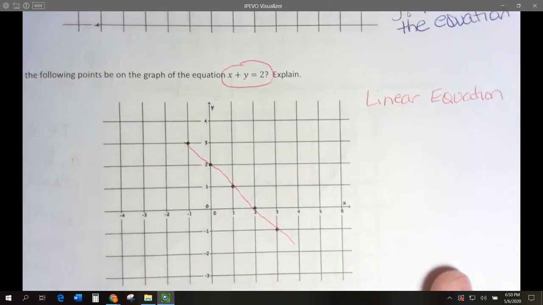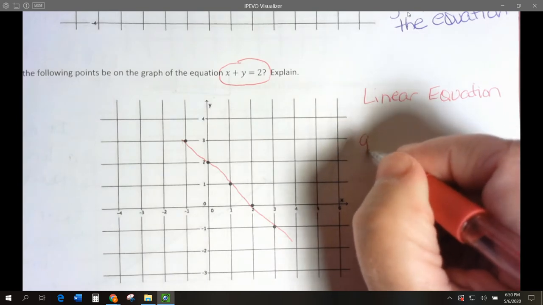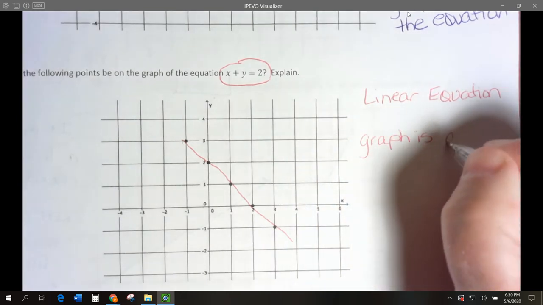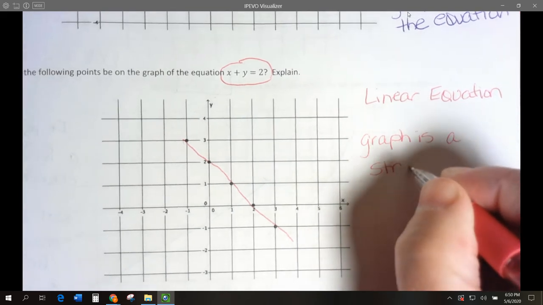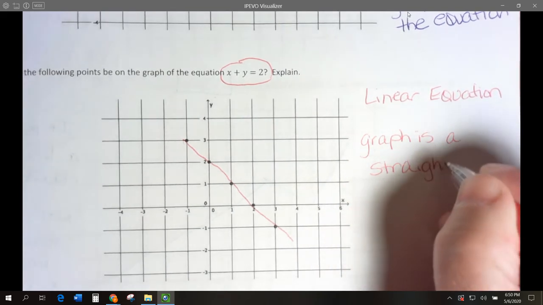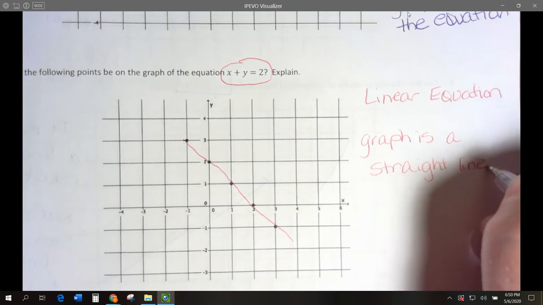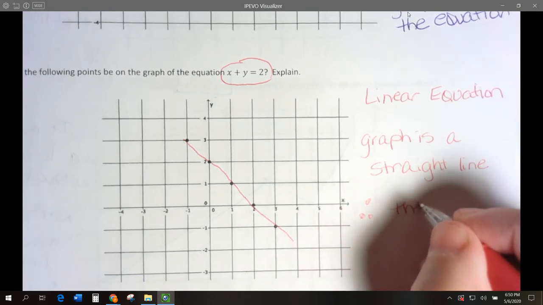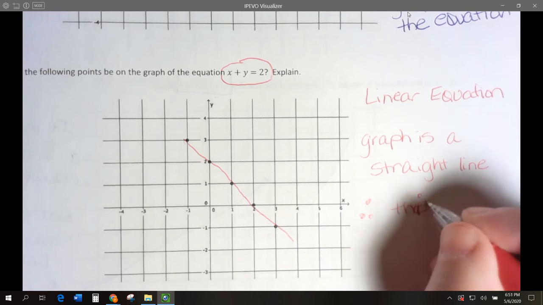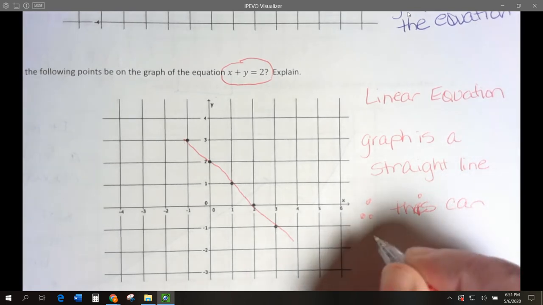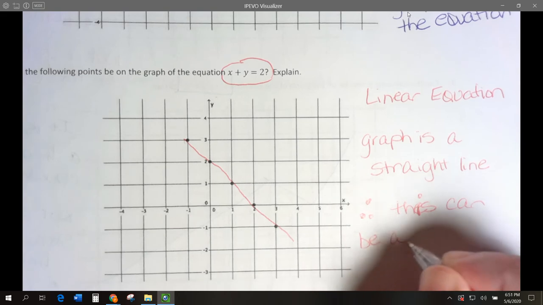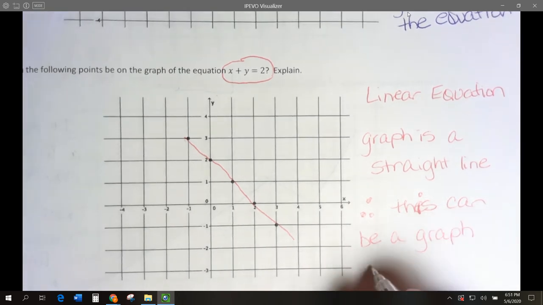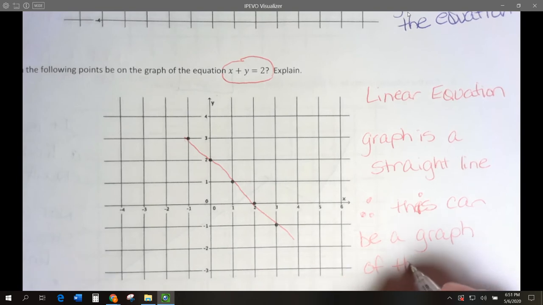Okay, so yes, the graph is a straight line. Therefore, this can be a graph of the equation.